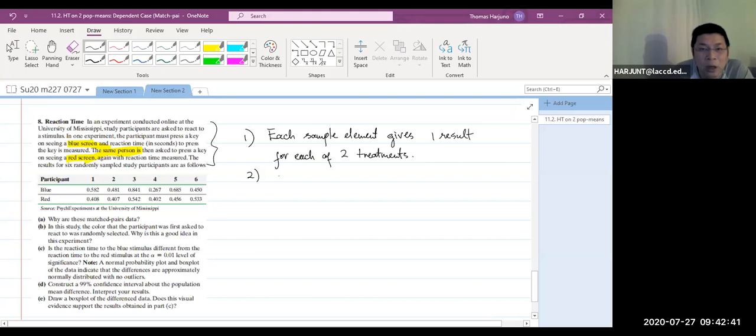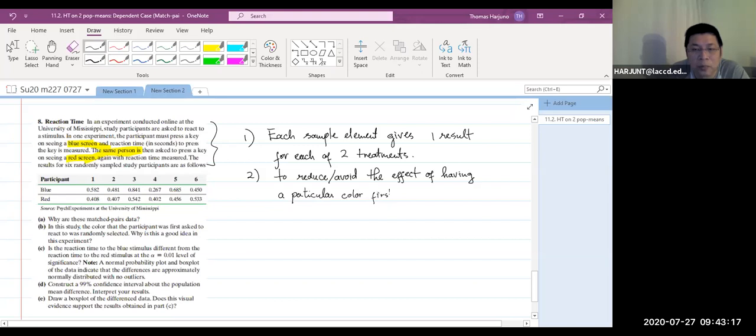Okay. So basically to reduce, or to be more precise, to avoid the effect of having a particular color first affecting the reaction.